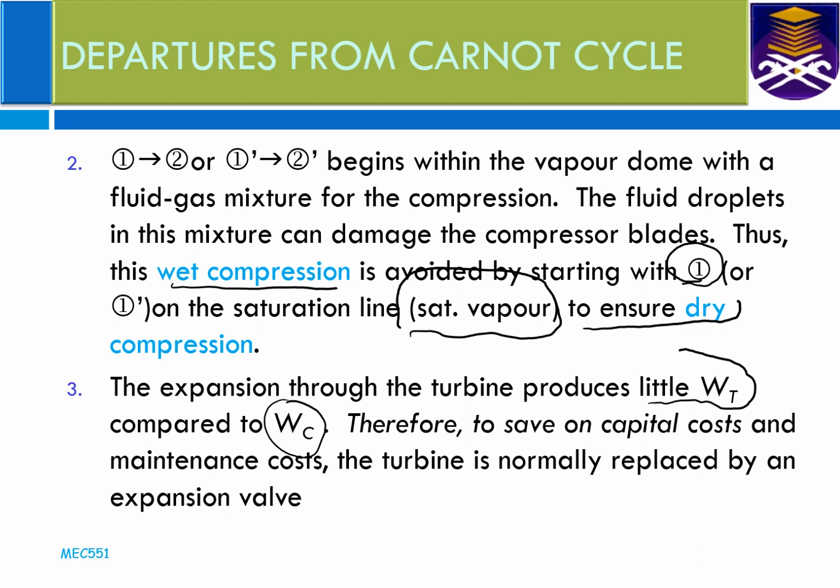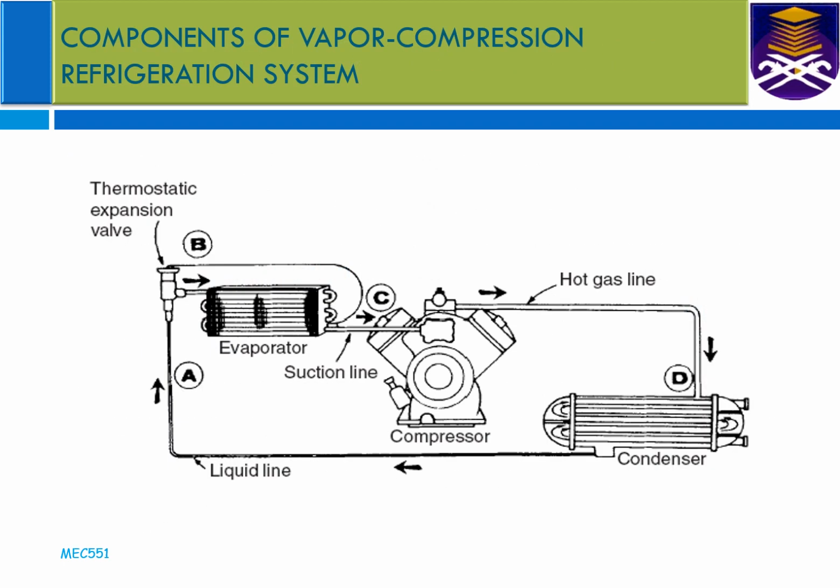So, to save on capital, operating and maintenance costs, the turbine is normally replaced by an expansion valve, which is cheaper in operation and much cheaper than the turbine. With these three conditions, a new cycle for the refrigeration system can be redesigned.